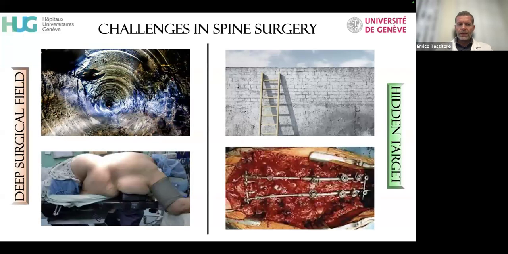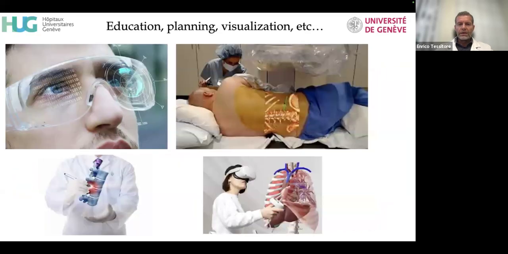We know that the depth of the surgical field and lack of visualization of hidden targets are true challenges in spine surgery. And apart from enhanced visualization, there is also a need for a tool helping in planning, a tool for education of young surgeons, or even for single procedures.